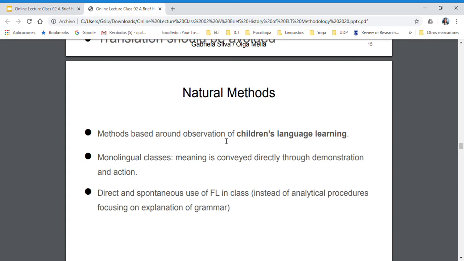So basically we're going to learn a second language in the same way children learn a language. This means that's why translation is not used. You are in monolingual classes where there is demonstration, where there is action, and basically a lot of input that is meaningful, that is basic.